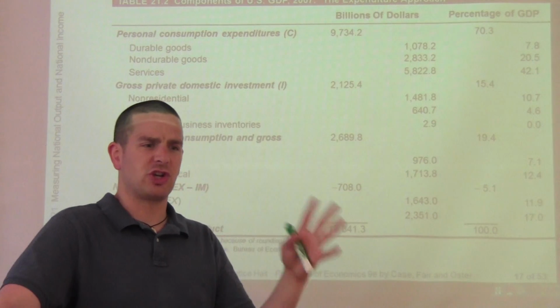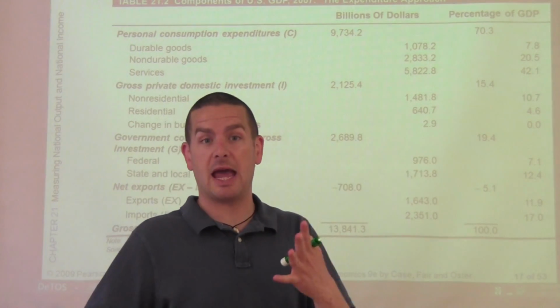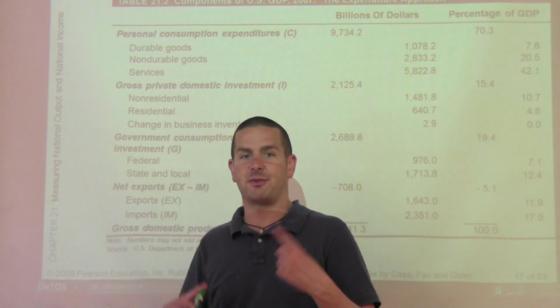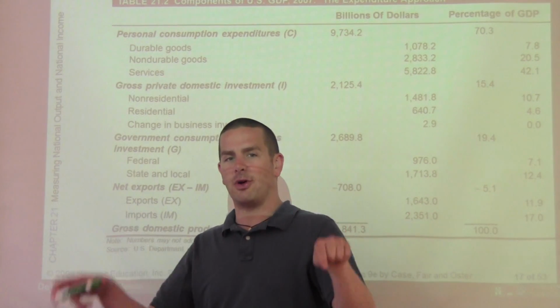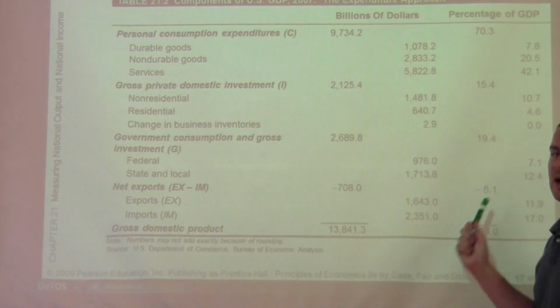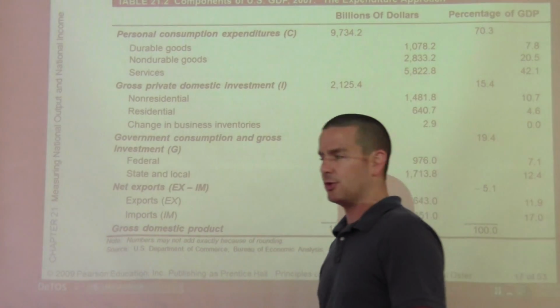But that's not just China, it's also Japan and Canada and the EU. We buy a lot of stuff from the rest of the world, but we don't sell all that much to the rest of the world. So that was negative 5% for the US.